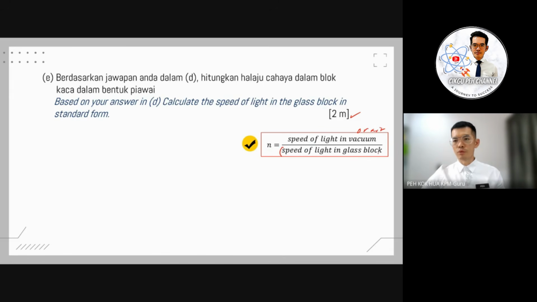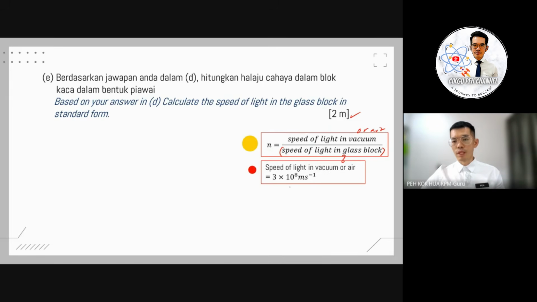So now the question asks us to find out the value for the speed of the light in the glass block. Here we already learned that the speed of the light in vacuum or air is equal to 3 times 10 power 8, because the light is considered as an electromagnetic wave.